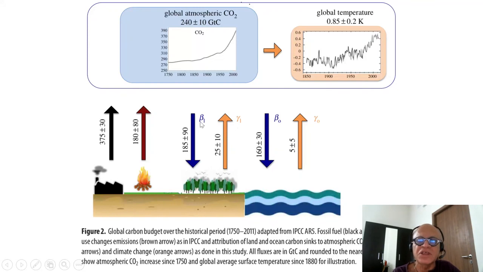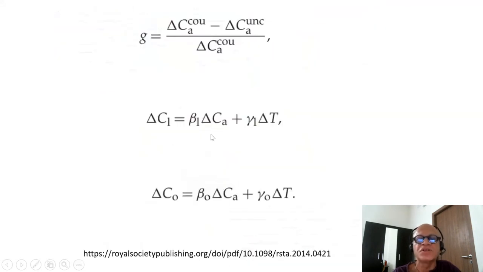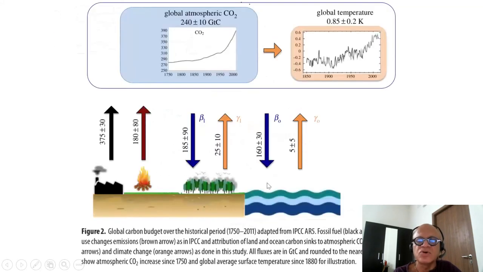This is the carbon cycle feedback in these equations. So we're looking at beta 1, gamma 1, beta 0, gamma 0. And without going into too much detail, we are trying to use this data and this data to derive the feedback factors. But the main point I would take out of this is that look at the uncertainties here.